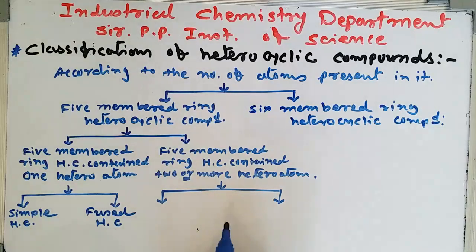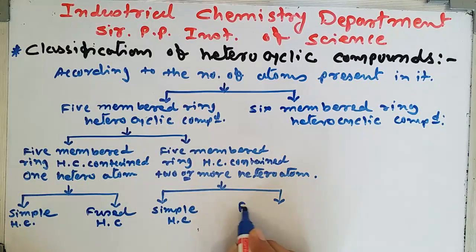5-member ring heterocyclic compounds containing two or more heteroatoms are also subclassified into simple heterocyclic compound and fused heterocyclic compound.